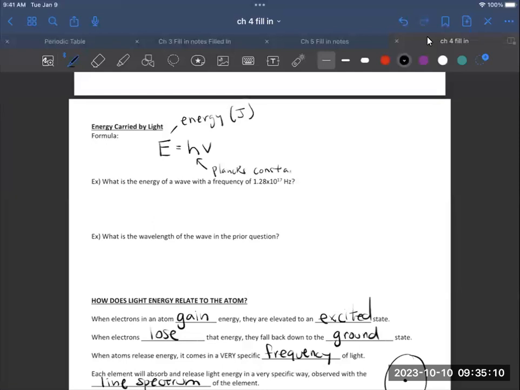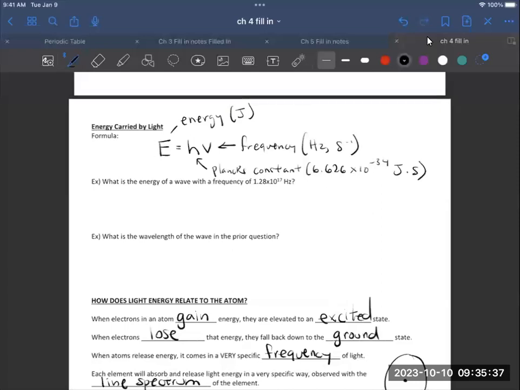This is a number that is going to stay the same every time you use it. It's 6.626 times 10 to the negative 34. This is the Planck's constant that was mentioned in the episode of Stranger Things. I don't know if you watched that show, but it comes up. And nu is the symbol for frequency, measured in hertz or s to the minus 1.